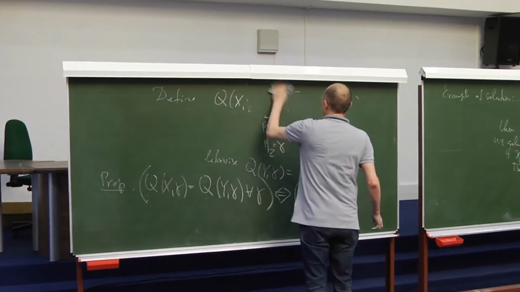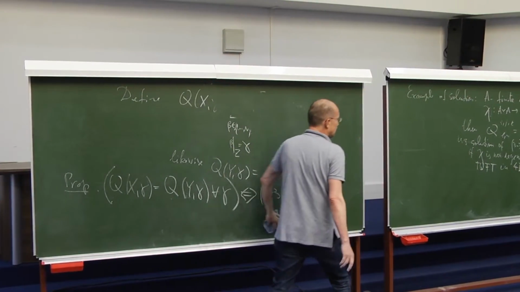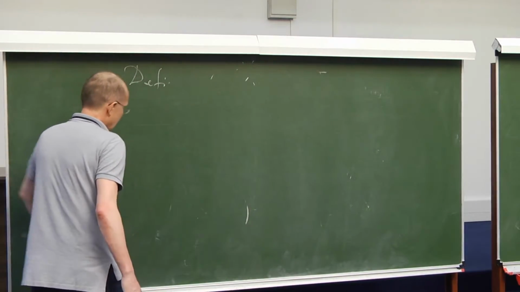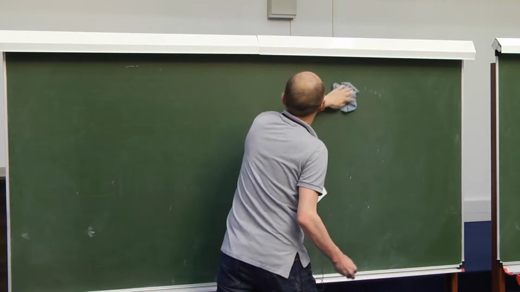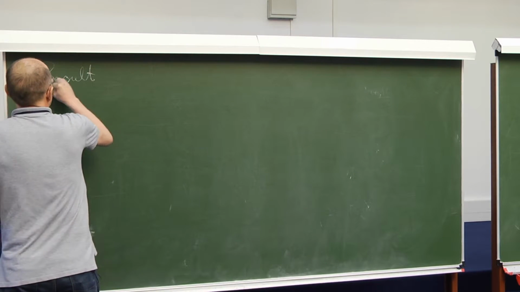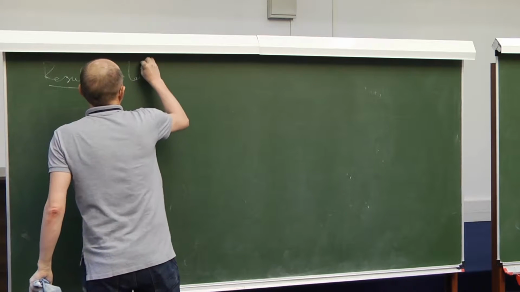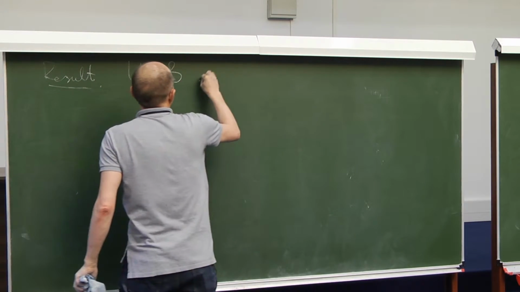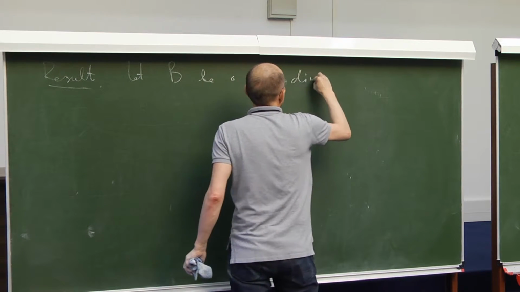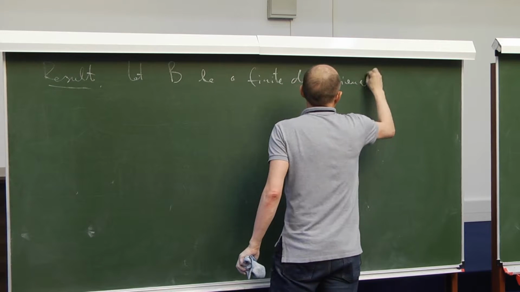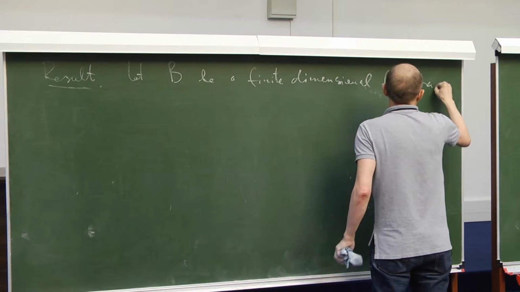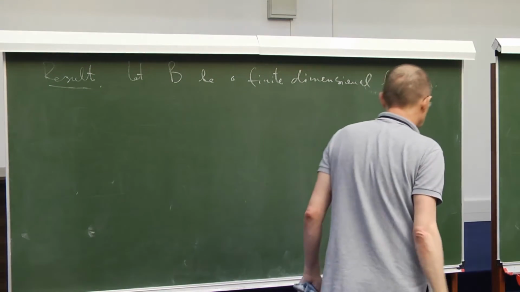Okay, now let me just state the result which generalizes this. The result: let B be a finite dimensional bialgebra, or it could be Hopf, but maybe without antipode.